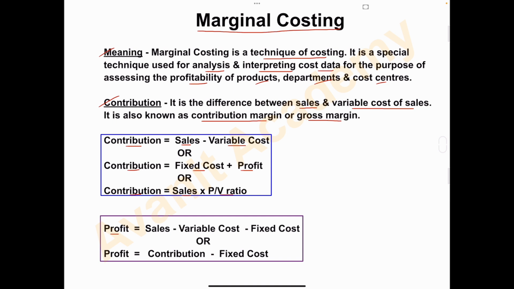Next is to calculate profit. Formula is profit is equal to sales minus variable cost minus fixed cost, or profit is equal to contribution minus fixed cost. Let's solve one problem on calculation of contribution and profit.